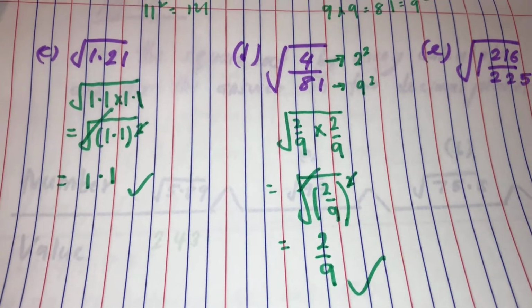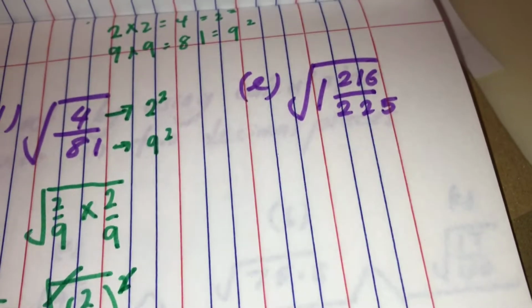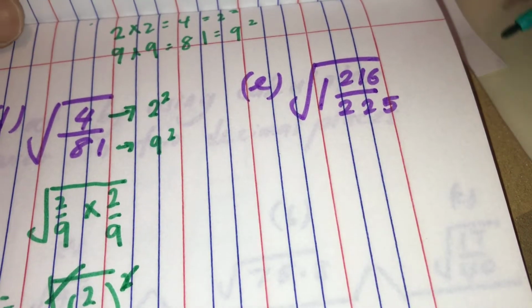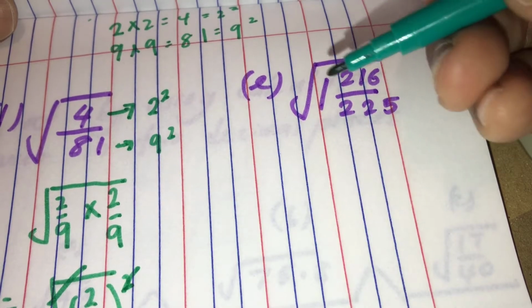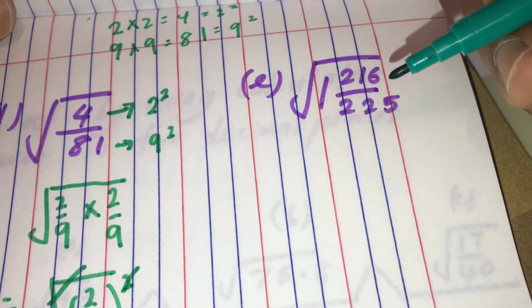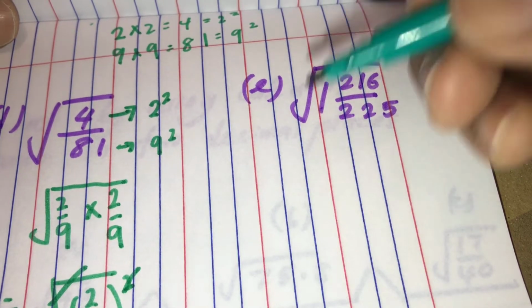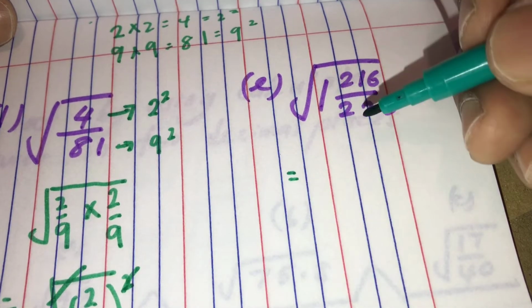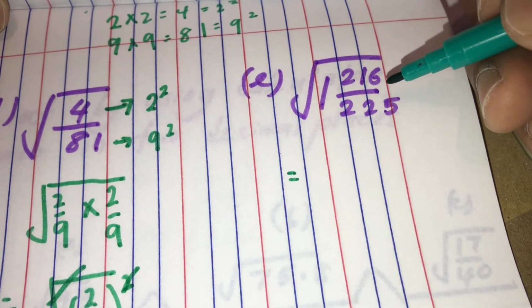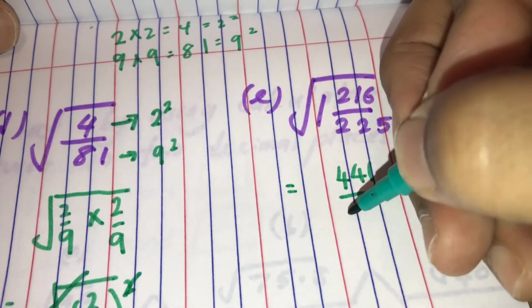Now question E: 1 and 216 over 225. First step, you change this to an improper fraction: 1 times 225 plus 216, so you get 441 over 225.